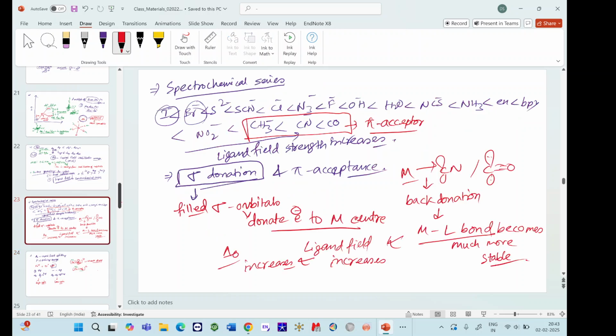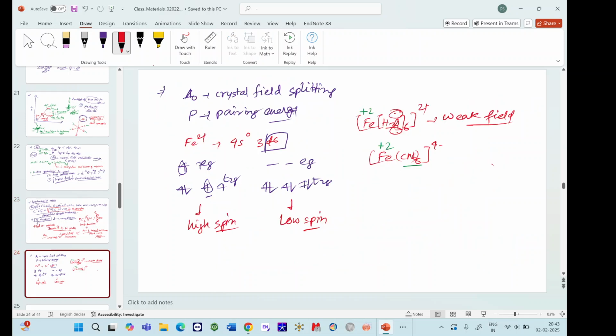So as I told you here, the orbital that will take the electrons will always be pi. That is why it is called pi acceptor. And the electron that will be donated, that will be sigma. So the interaction is like, say you have metal, you have a carbon and oxygen. This is a sigma. Sigma orbital is always along the bond. It is a head-on overlap.